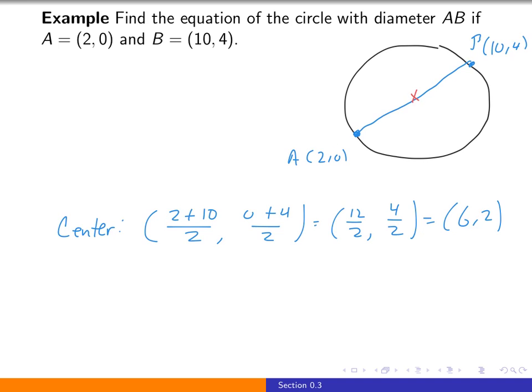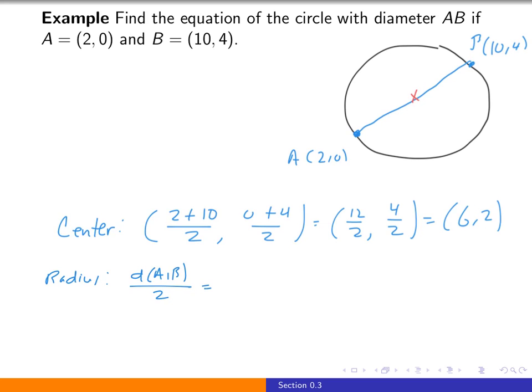To find the radius, if we look at our picture here, the distance from A to B is a diameter, so 1/2 the diameter will give us the radius. So for the radius, we need to take the distance from A to B and divide it by 2.